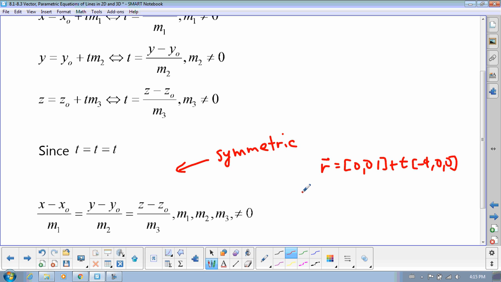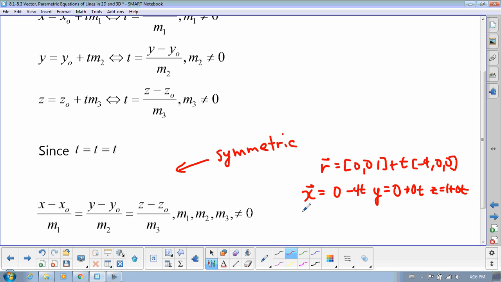So if I create my parametric equations, I'm going to have x equals 0 minus 4t. I'm going to have y equals 0 plus 0t. And then z is going to be 1 plus 0t.